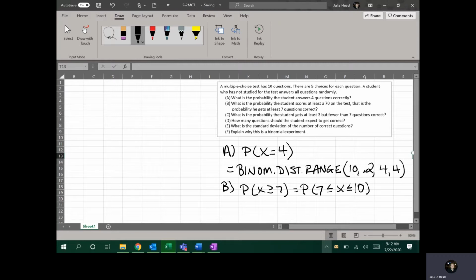So it won't always be 10, but it'll be whatever the n value is in this particular question. So this would be binom.dist.range, would be still 10, 0.2, but this time it would be 7, 10.